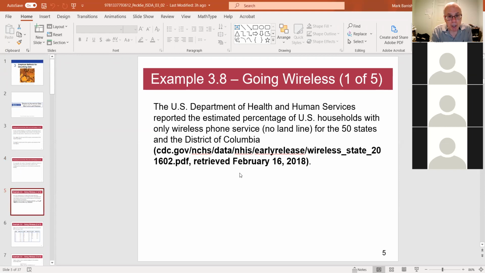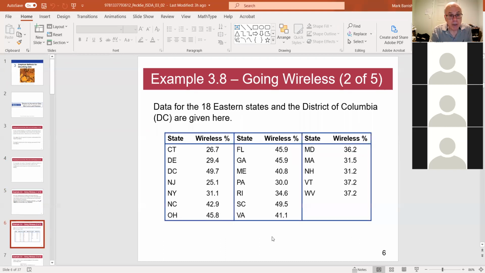So here's an example. The U.S. Department of Health and Human Services reported the estimated percentage of U.S. households with only wireless phone service, no landline, for the 50 states. All right, and here are the results.